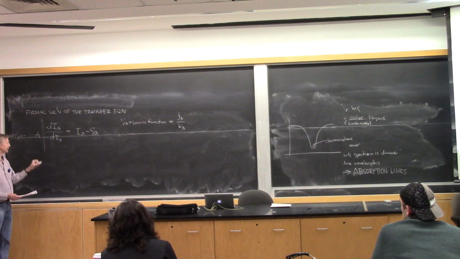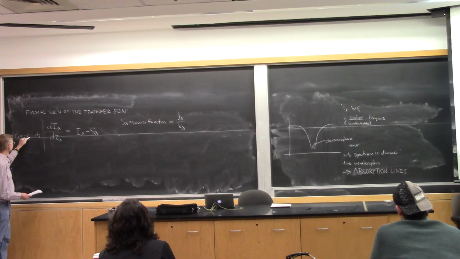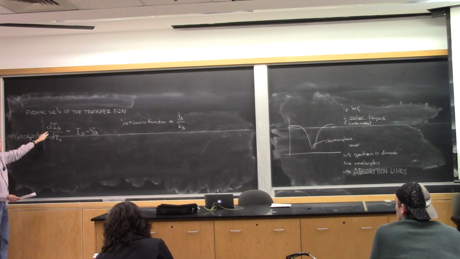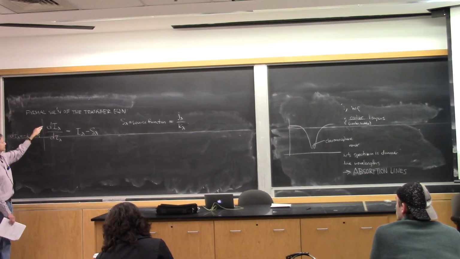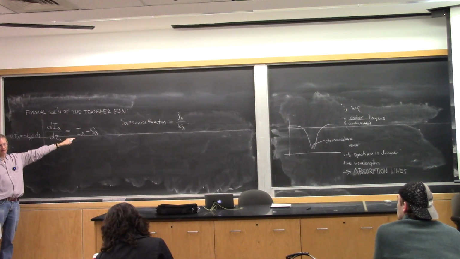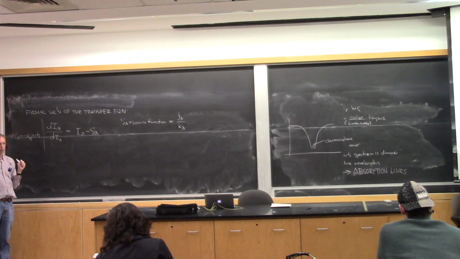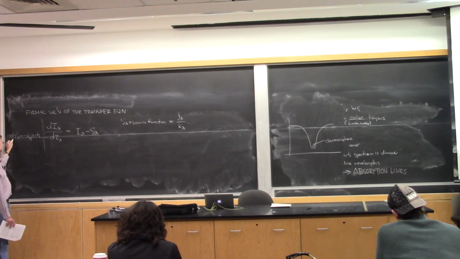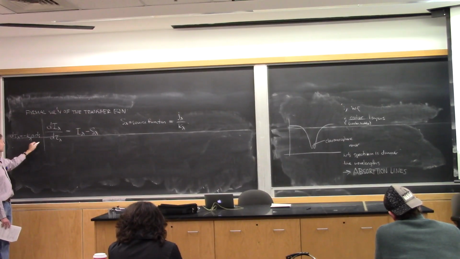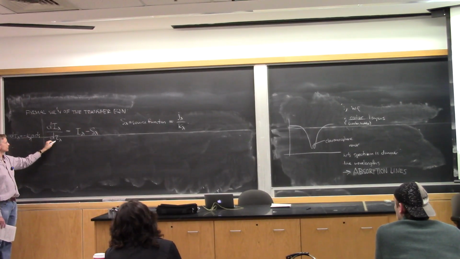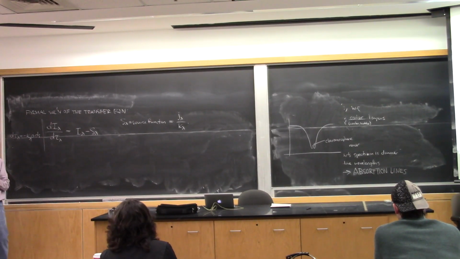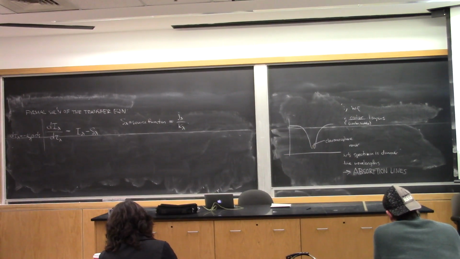So this can also be written as minus 1 over kappa lambda rho, dI lambda ds is I lambda minus S lambda. Or we can just say that d tau lambda is minus kappa lambda rho ds and say the derivative of the specific intensity with respect to optical depth is I lambda minus S lambda.